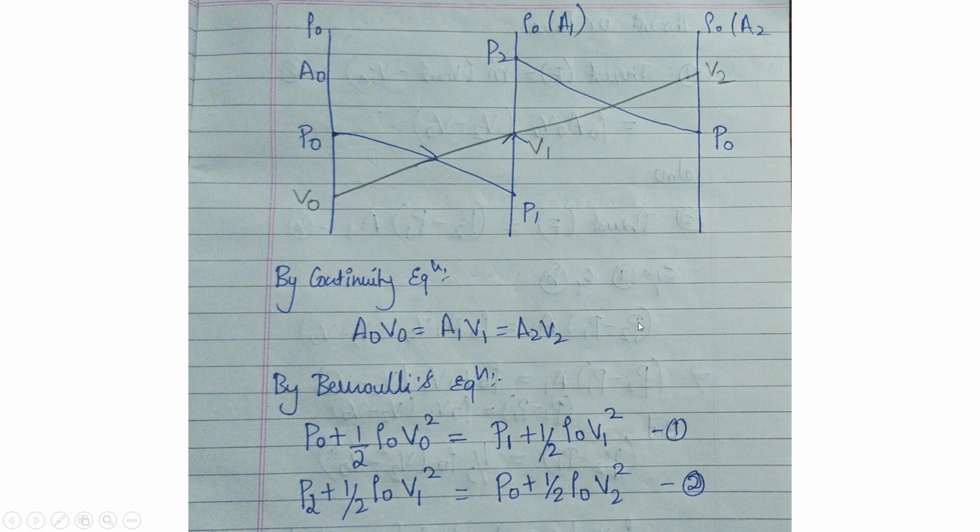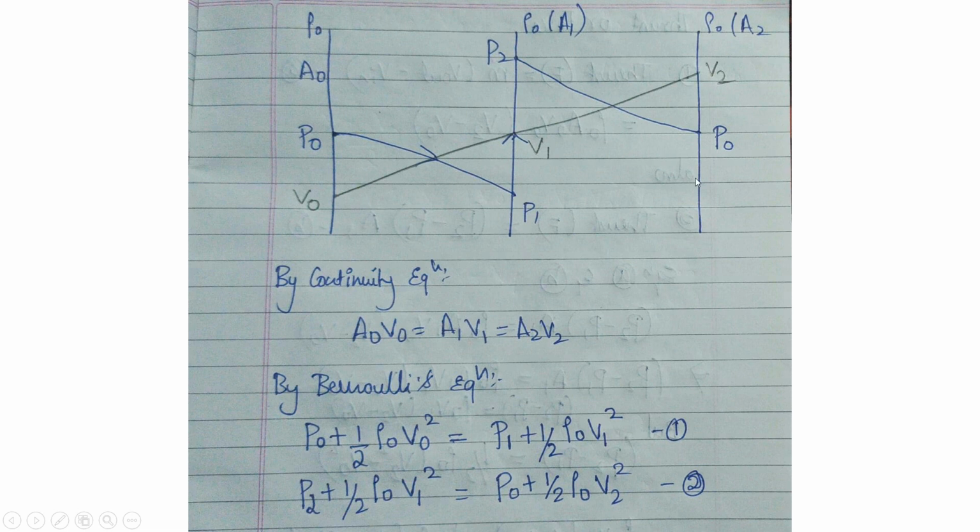Then we'll apply Bernoulli's equation from section 1 to 2 and then 2 to 3. At section 1 we have P naught plus half rho naught V naught squared equals P1 plus half rho naught V1 squared.